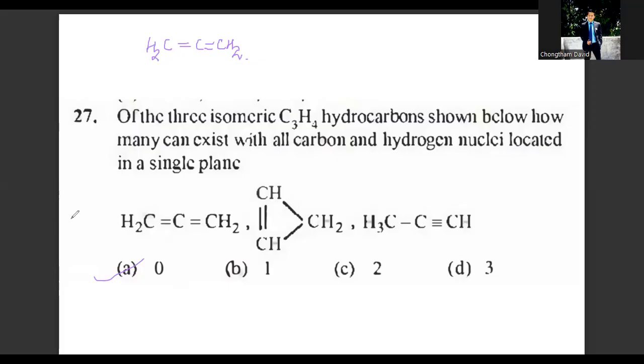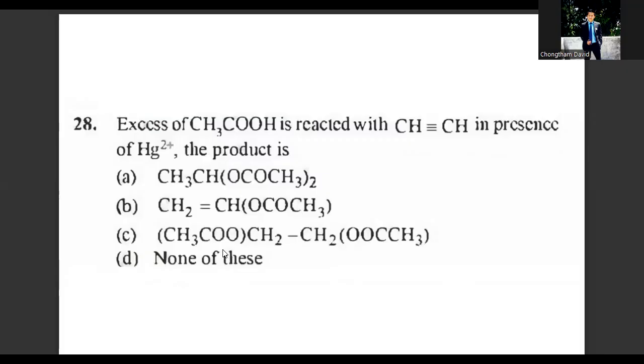Question number 28. Excess of acetic acid is reacted with alkyne ethyne in the presence of mercuric salt. The product is. So from the given substrate, CH triple bond CH, react this with acetic acid and mercuric salt.